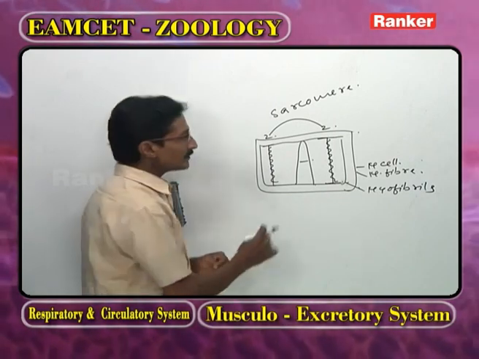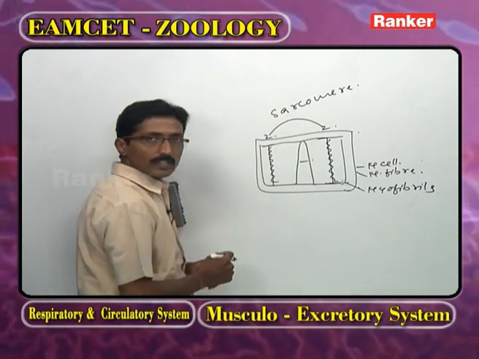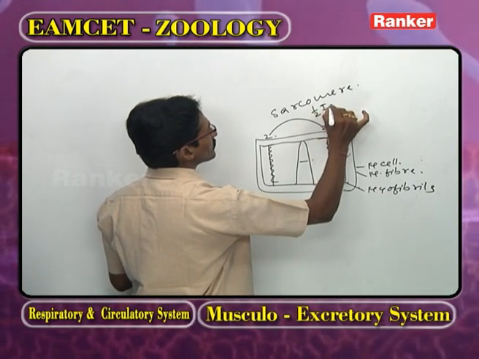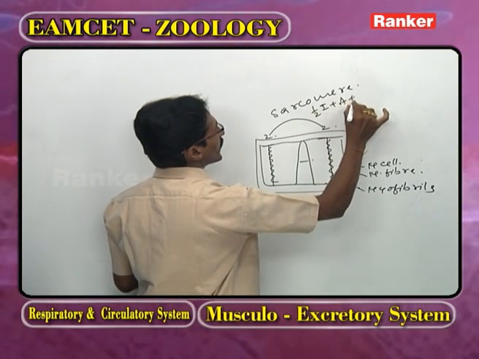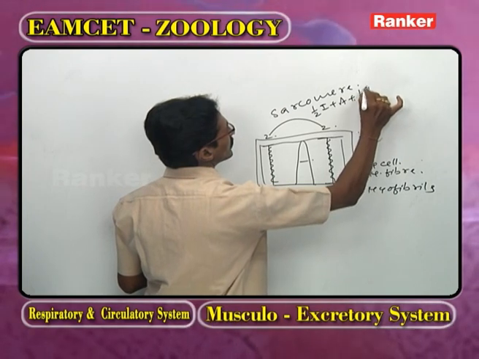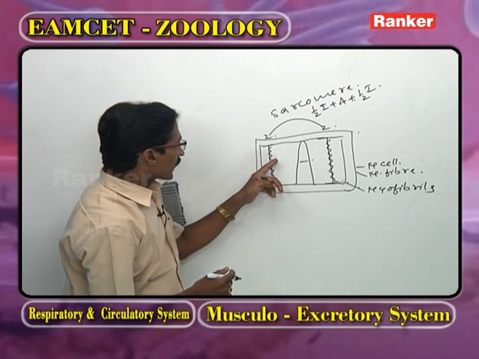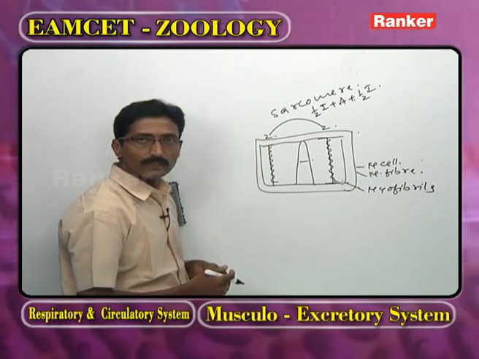sarcomere. In a sarcomere, what are the components? Part of I, complete A, part of I. I divides into 2 by Z line.